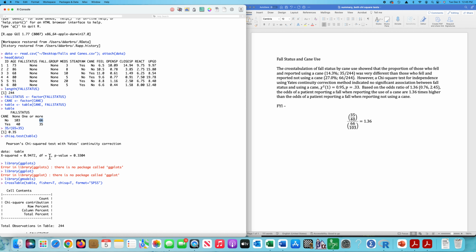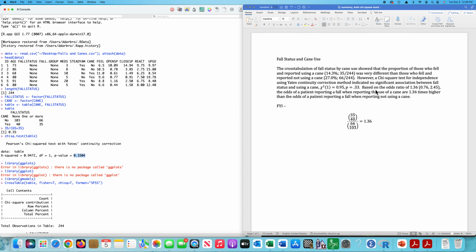I have my degrees of freedom of 1, my test statistic is 0.95, which I've reported, and my p-value is 0.33. Circling back to the null and alternative hypotheses I gave you earlier, we do not reject the null, so we assume that these two are not related.